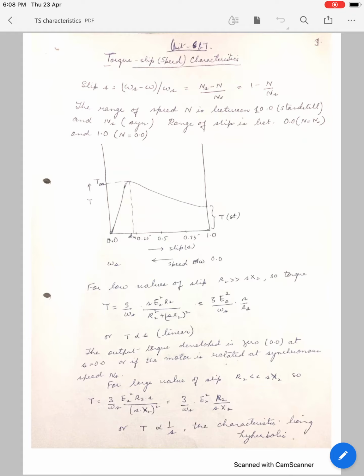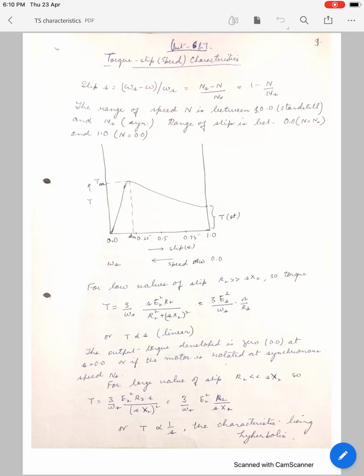The output torque developed is 0 at S equal to 0, or if the motor is rotated at synchronous speed n_s. So initially it is a straight line in the torque slip characteristics, going up to the maximum torque, that is T_m.